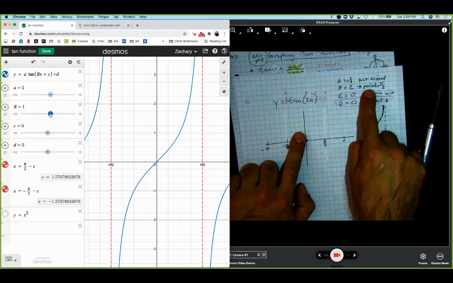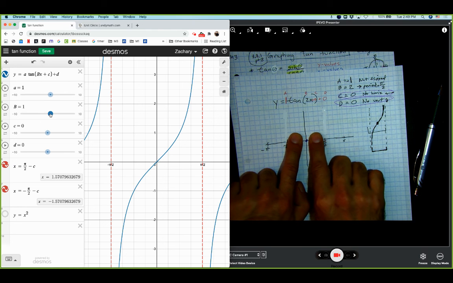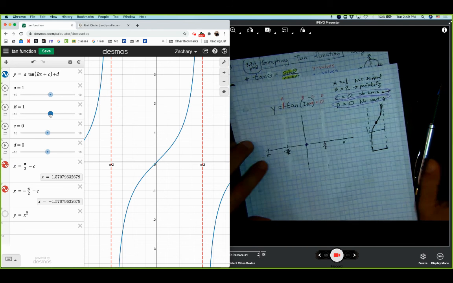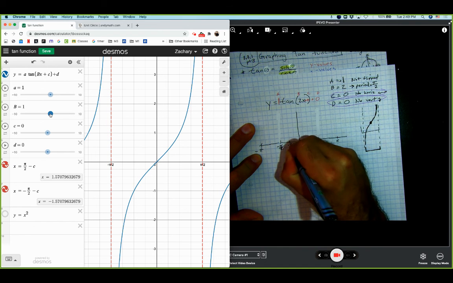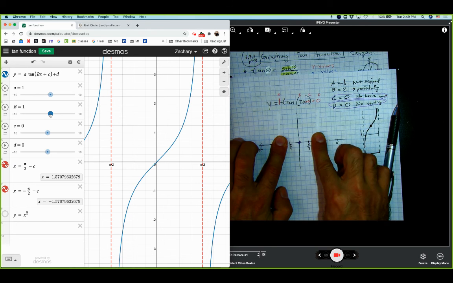So the period is going to be from this inflection point, our starting point, and we're going to go from that starting point out so that the distance between my fingers here is pi over 2, and that's where our dashed lines are going to be our asymptotes. So look, if I go to the left, negative pi over 4, I go to the right, pi over 4, right? That distance between those two values is pi over 2.